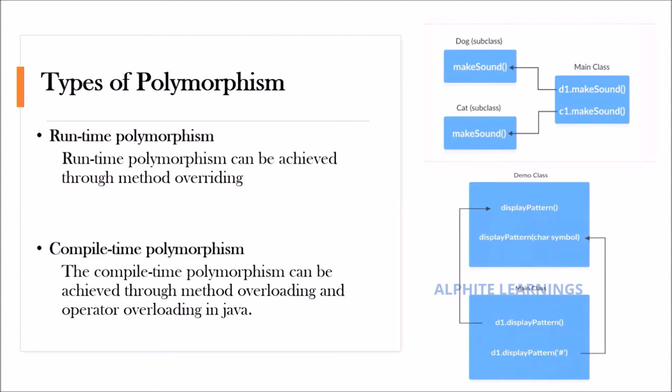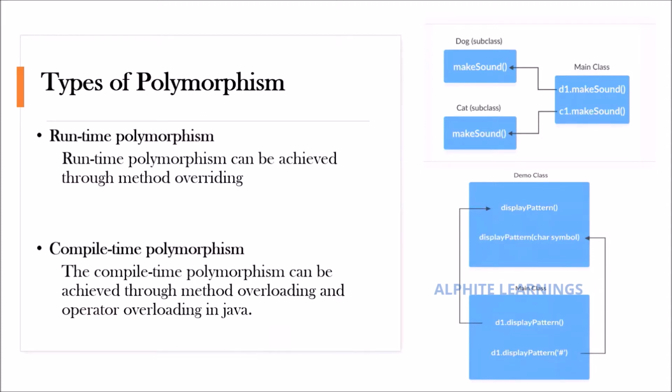Do you remember us discussing runtime and compile time? Compile time is when your compiler compiles your Java and turns it into bytecode, and runtime is when you actually run the bytecode using your Java virtual machine.